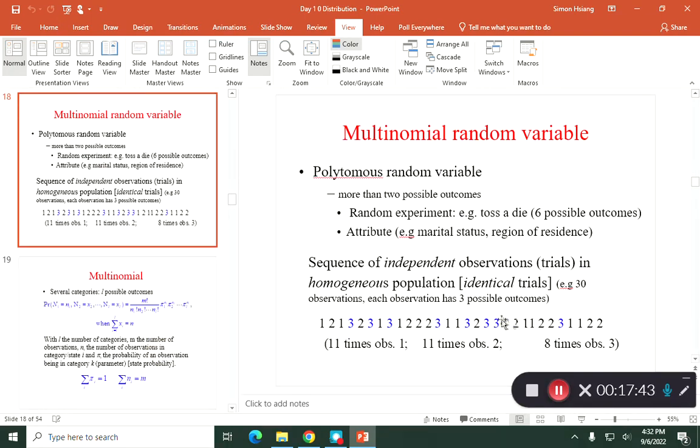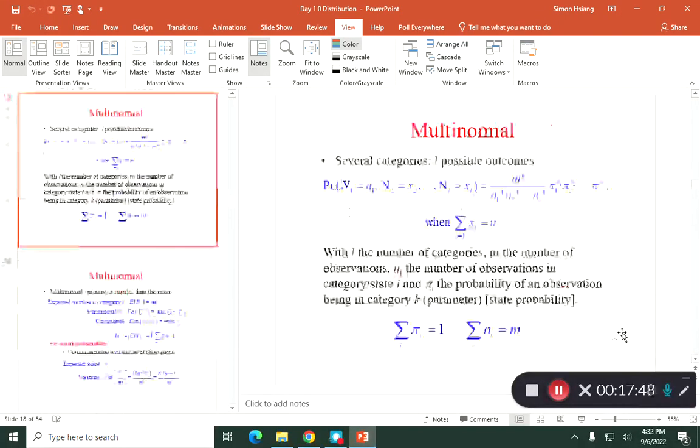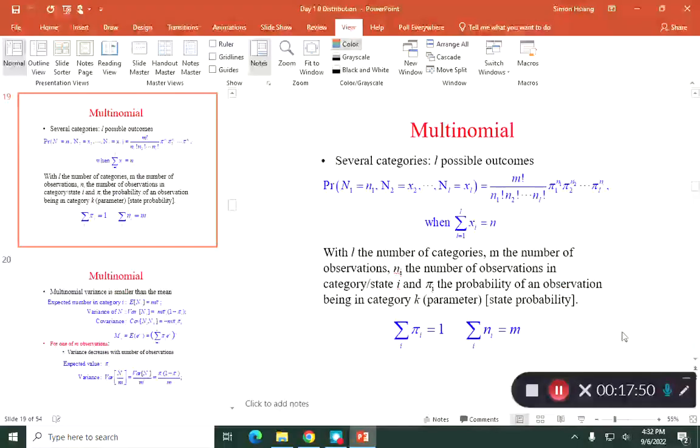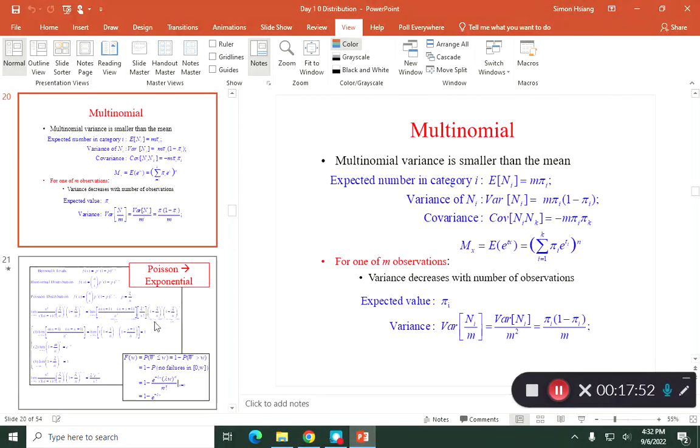And if you have a multinomial distribution, like you have 3, you can still turn this into a multinomial expected value and so on.